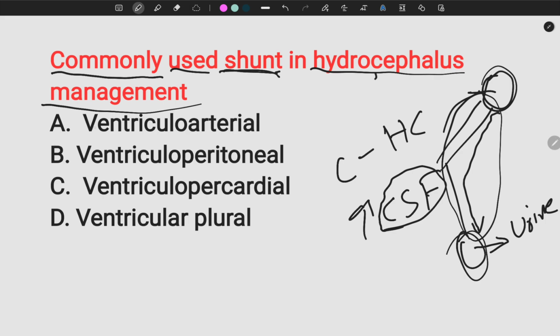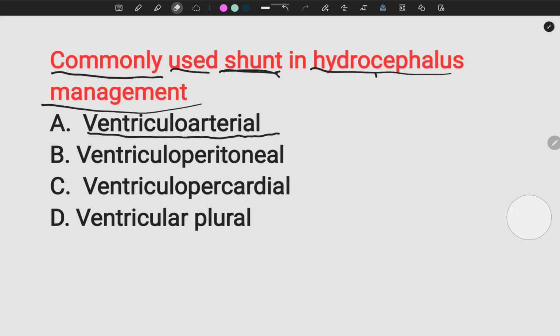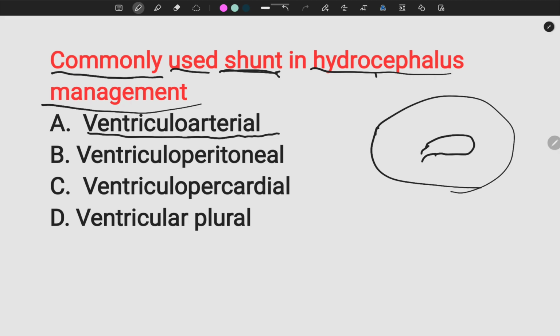The options are ventriculoatrial and so on. In the brain we have the ventricles. This CSF is produced from the choroid plexus epithelium, which is present in the ventricles.